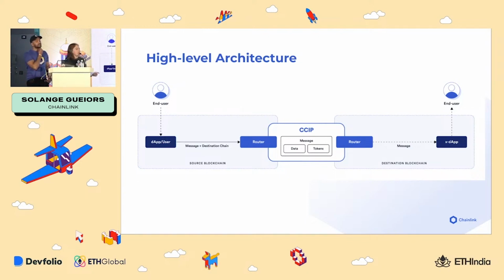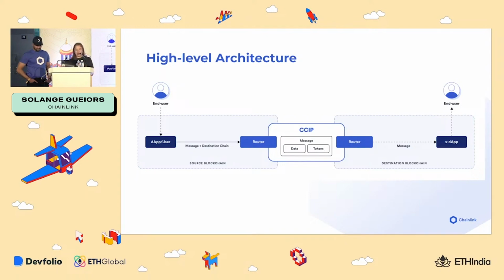Zubin will talk more about the DONs later. And then this router is sending that message, that transaction, to the other chain using the router in the other chain. And that destination router is sending this message to my application, my destination minter, who is interacting with my NFT, minting a new NFT.